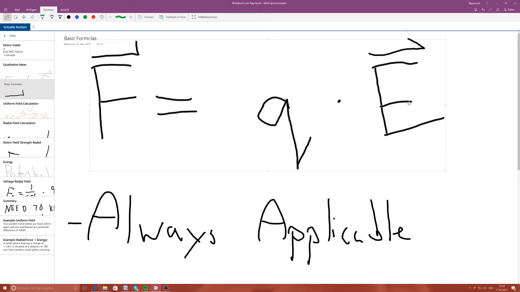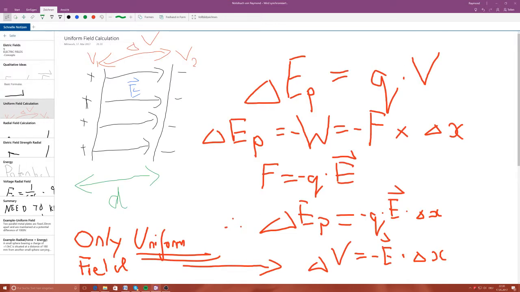Also note that since the electric field strength is a vector, our force is also a vector. And if you wish, you can practice your dimensional analysis to check that this equation works out. But this is really the key equation that you can derive so many of the later equations with. So moving on to uniform field calculation.